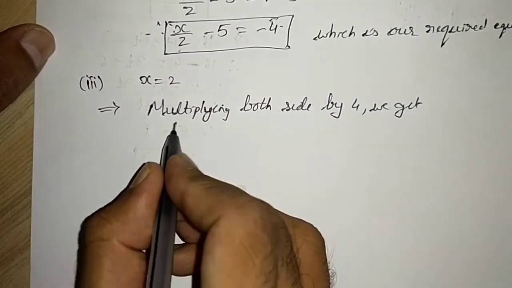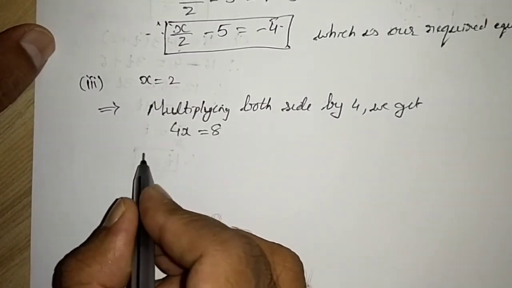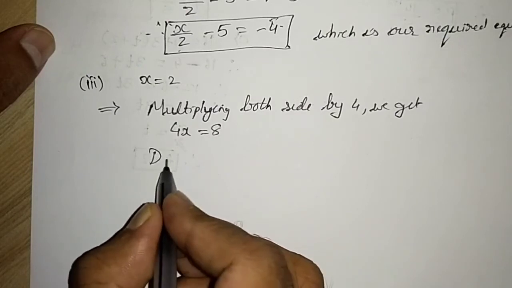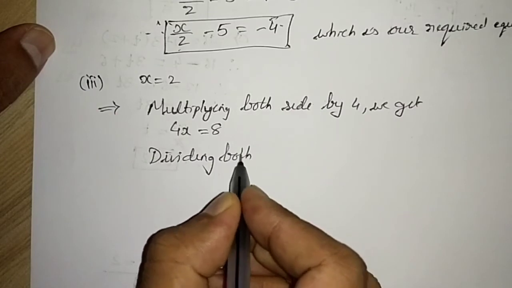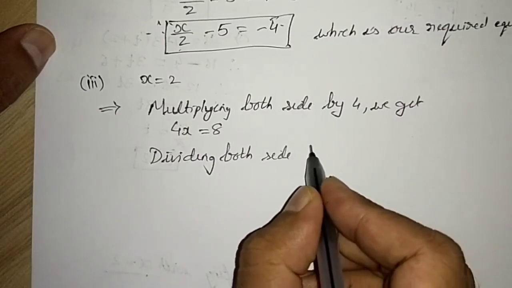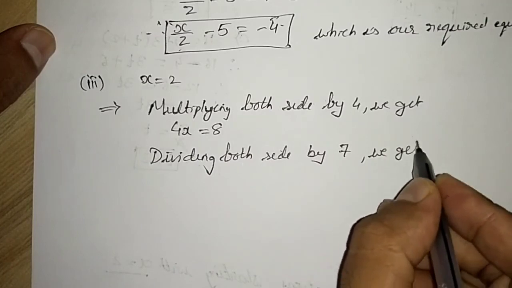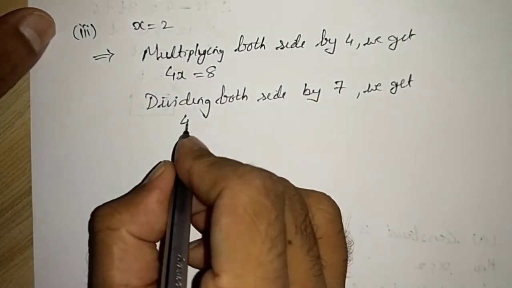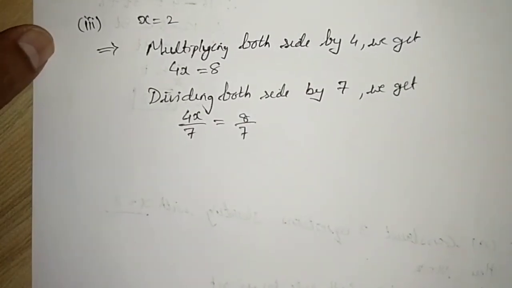We get 4 into x is 4x and 2 4s is 8. Now dividing both sides by 7, we get 4x divided by 7 is equal to 8 divided by 7.